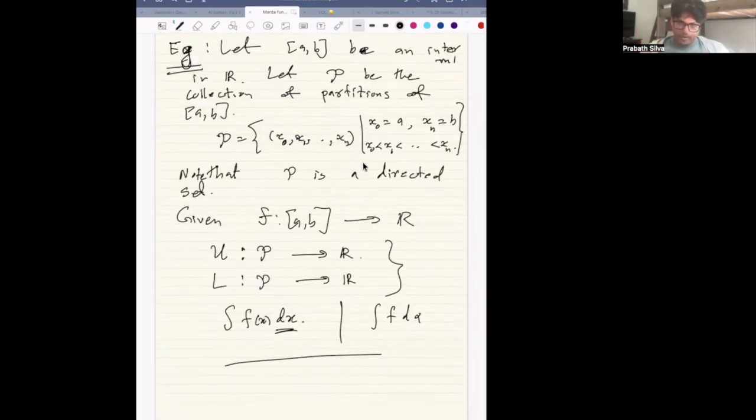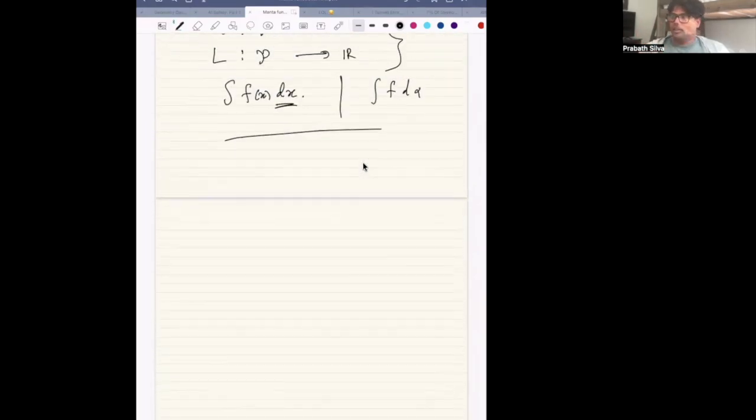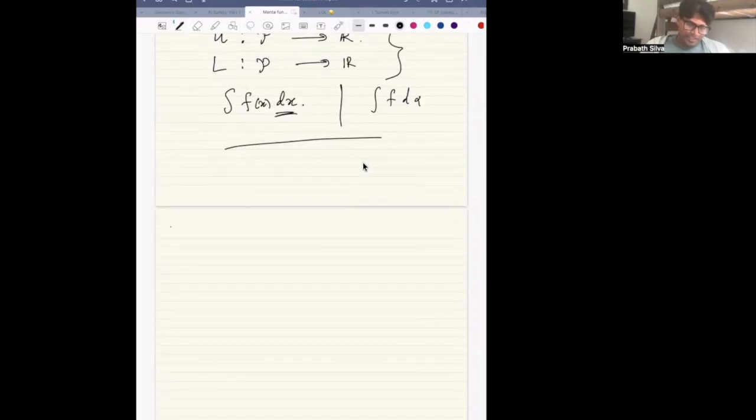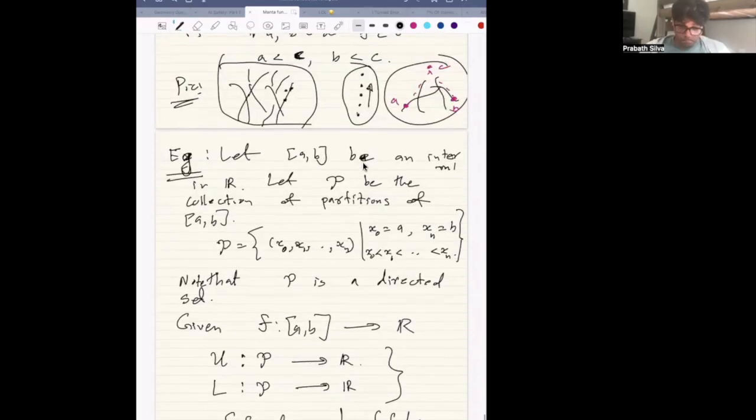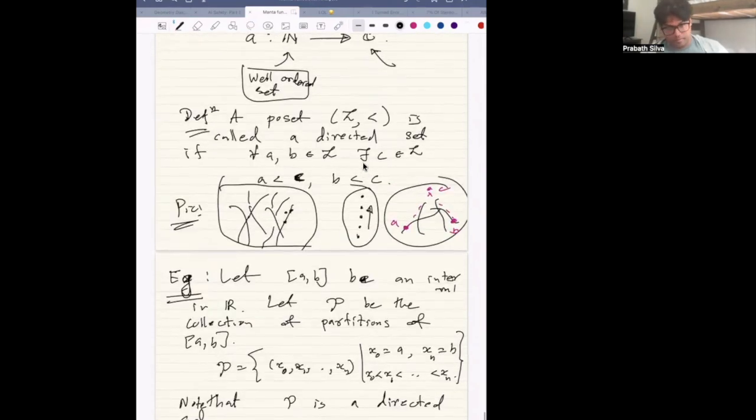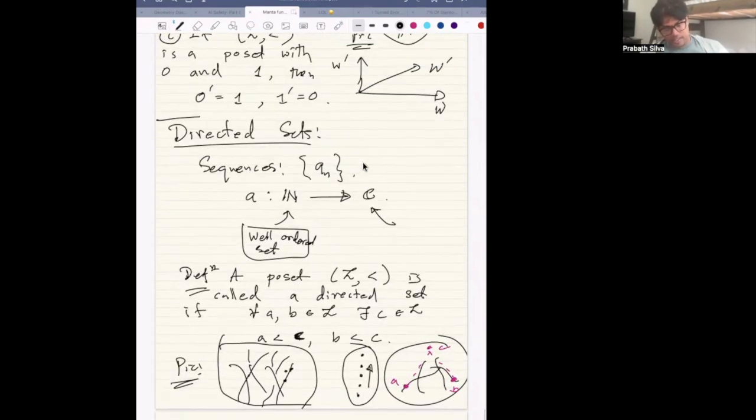Now we define a lattice. Again, there are lots of things here. I'll have a little lecture on limits, and I will go over nets and directed sets.